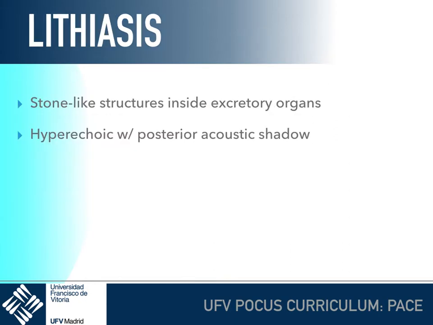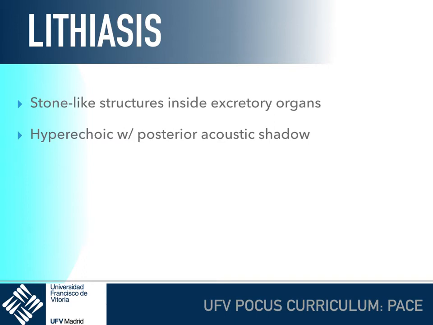The second structure we can evaluate during the exam is lithiasis. They're actually stones, real stones inside mainly excretory organs. The characteristics of lithiasis in terms of ultrasound imaging are really simple as well.